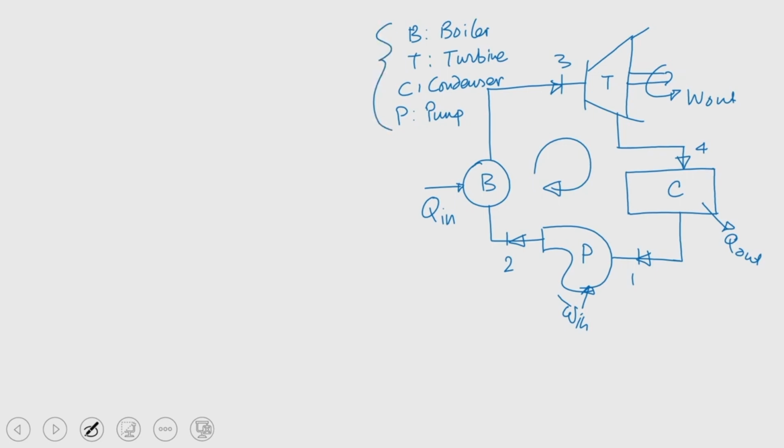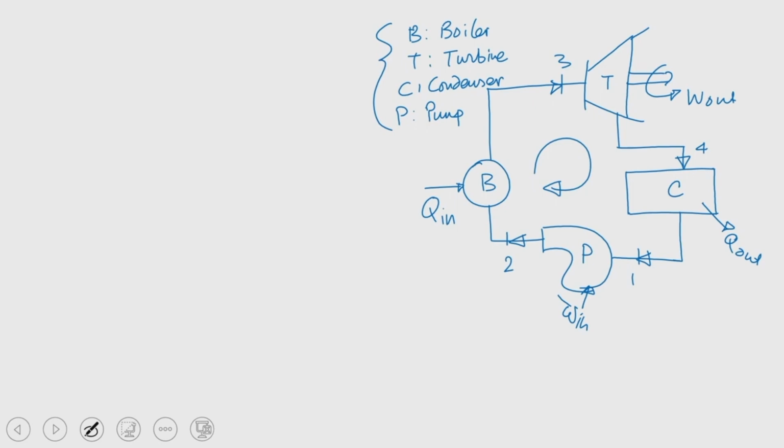Now, we have seen the amount of heat which needs to be supplied to the boiler for the conversion of steam, and the amount of work that we are getting from the turbine. The mathematical expressions of these two quantities we have established.